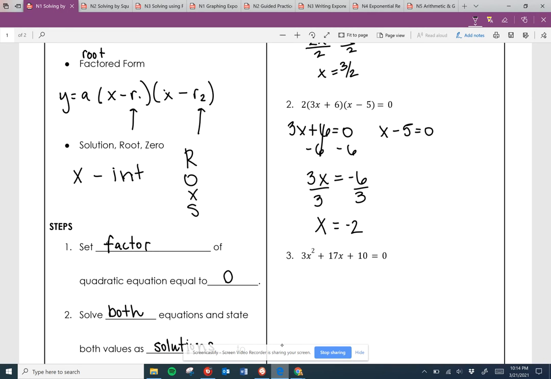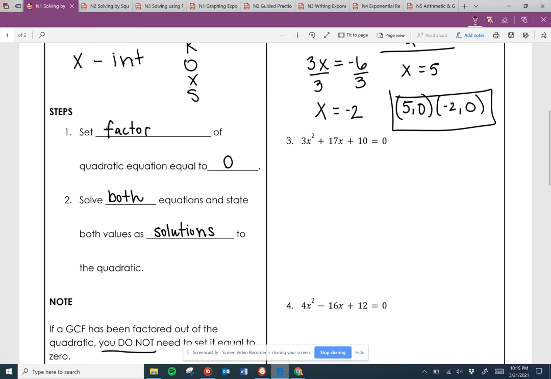Okay, here we have plus 5, so we will go ahead and find that this one is going to be x equals positive 5. Okay, so our two solutions are 5 and negative 2. Sometimes you'll see them as ordered pairs, which would be (5, 0) and (negative 2, 0), right? So those are our two solutions.